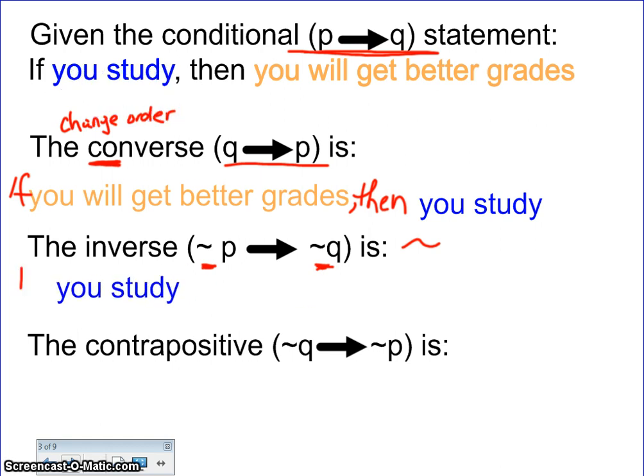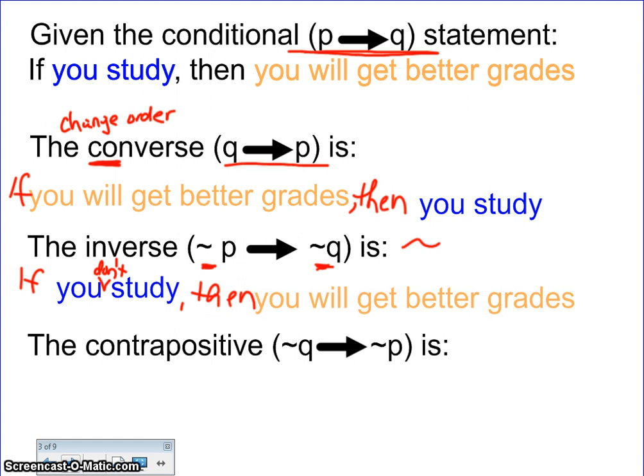So we'll say if, and then we'll just put a don't in here. If you don't study, then, and then it's also the negation of Q, you will not get better grades. So that's the inverse.